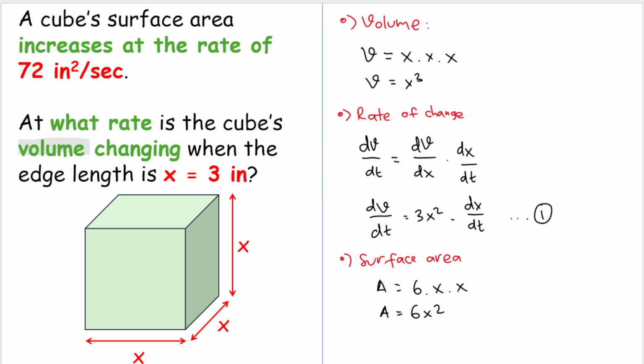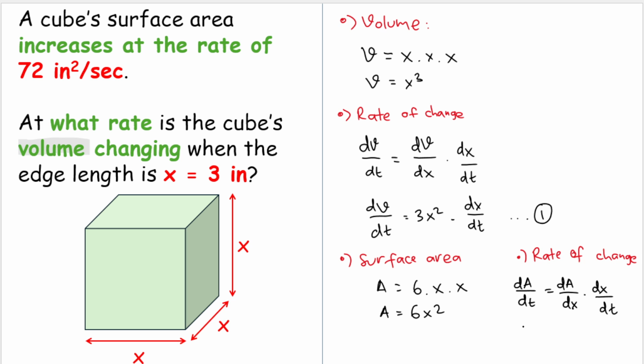And what is the rate of change? Let's write that here. Rate of change. Okay, we can have it as dA/dt. Again, on the right hand side, we only have x as the variable, so we will have dA/dx, then multiplied by dx/dt.